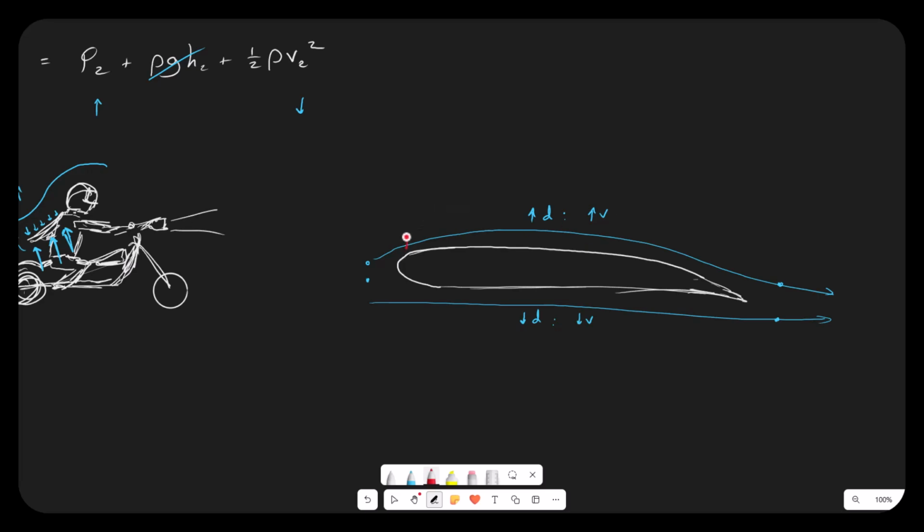Higher speed means we get lower pressure pushing down on this wing. Lower speed means we get a higher pressure. We get more pressure on the bottom of this wing than we do on the top, so we get an overall lift force.